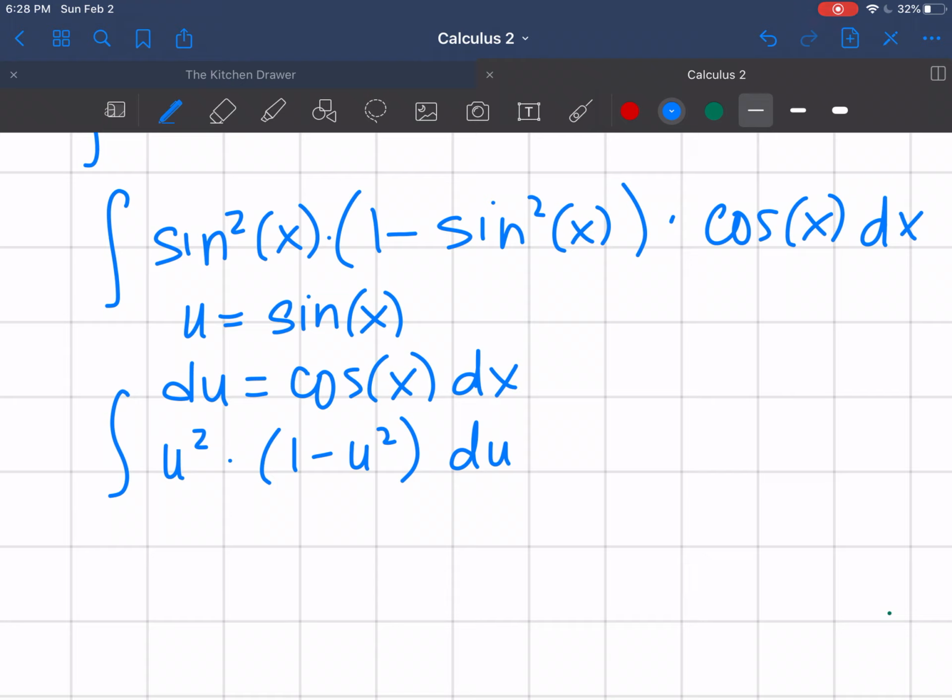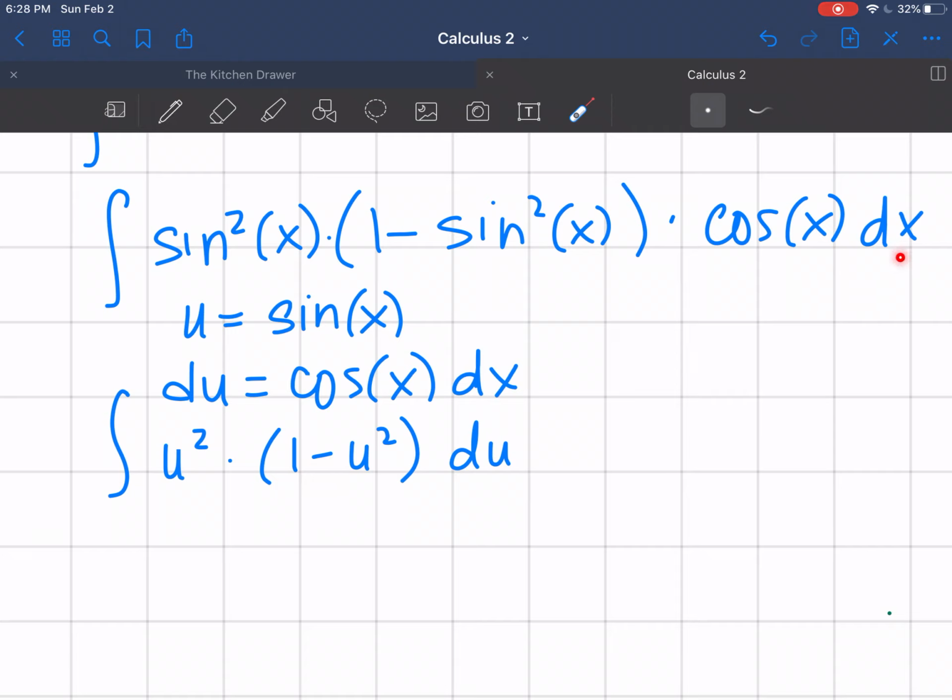Okay, so again, looking back here, everywhere you have a sine of x, we're going to replace with u. And that's why we replaced sine of x here with u, and that's how we get u squared. We replace the sine of x here with the u, and that's how we get 1 minus u squared.